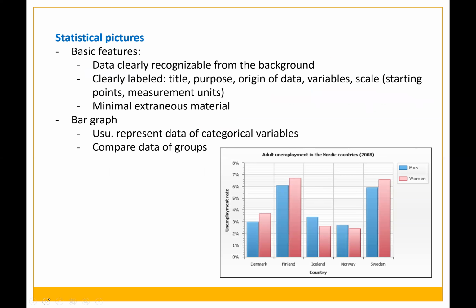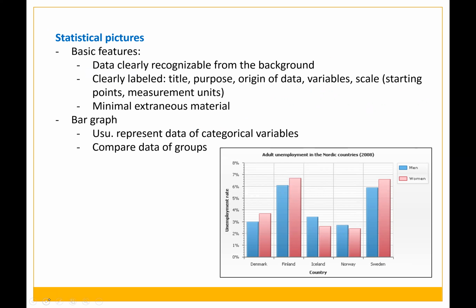We also have some way to represent the statistical data. The basic features of these displays is that they clearly demonstrate the data.